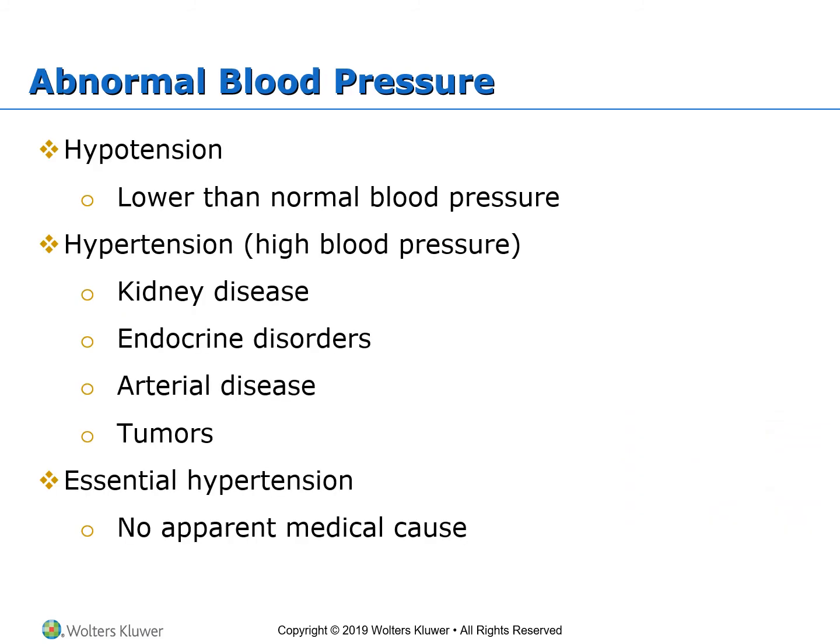We'll have now abnormal values. And the abnormal values can be lower or higher than what we consider a normal value for a certain age and a certain person, because the values will vary throughout our age. The values will slowly increase from infancy to adulthood.